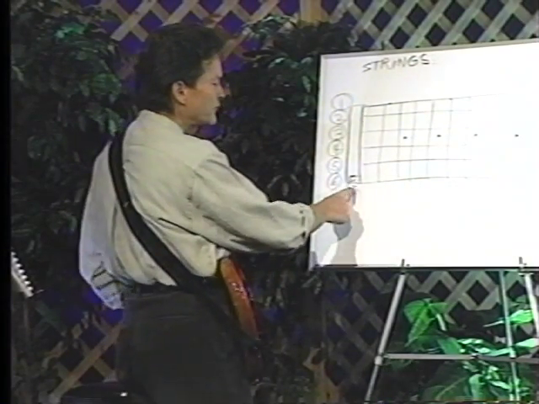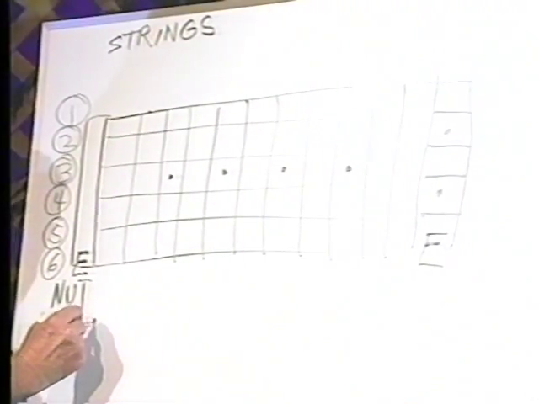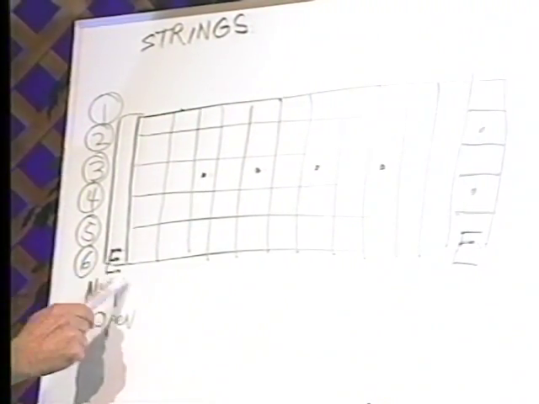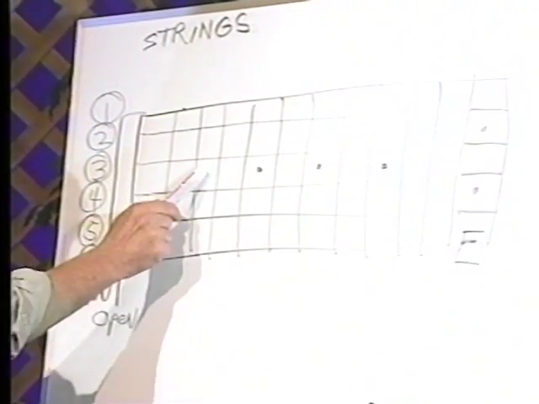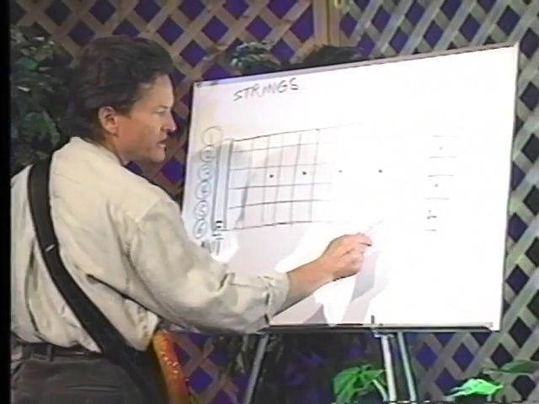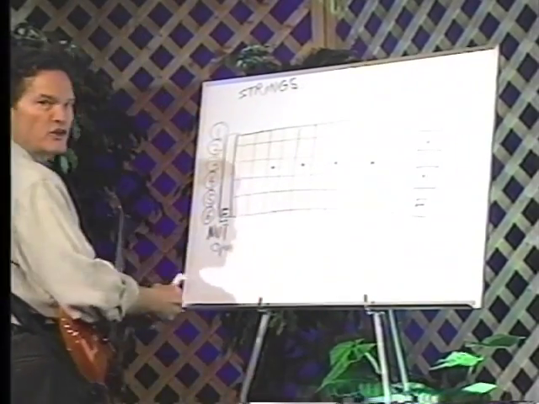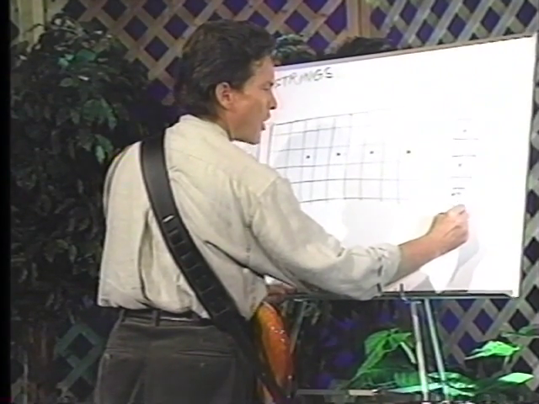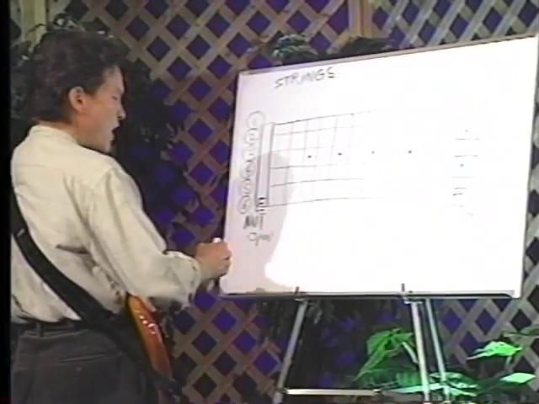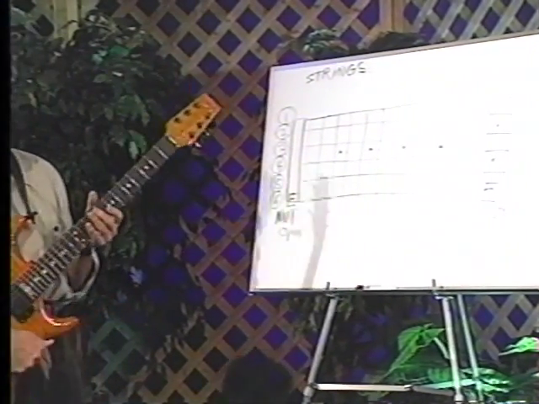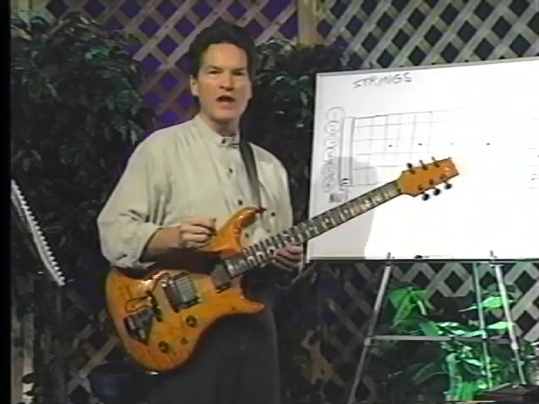If we are at the nut, which is 0 or open, then we go to the 1st fret, 2nd fret, our dot shows us the 3rd fret, 4th, 5th, 6th, 7th, 8th, 9th, 10th, 11th, and 12 frets, or 12 half steps higher, we have what we call the octave. So 12 frets or 12 half steps apart from any two letters creates the octave.